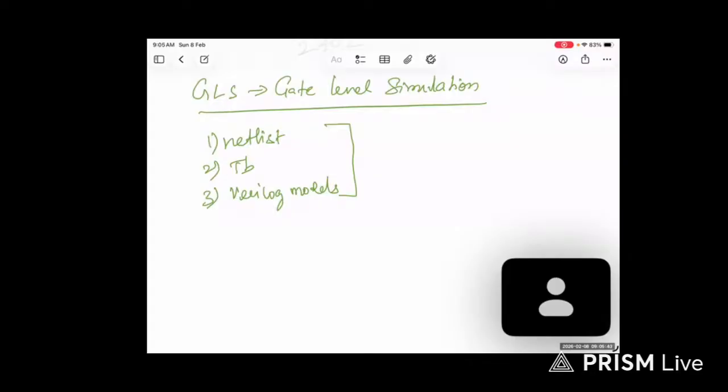Gate level simulation is for the designer to check whether his design, when translated to netlist, is correct, whether the synthesis process has made any flaws during synthesis and has introduced some logic. For checking that, this gate level simulation is done.